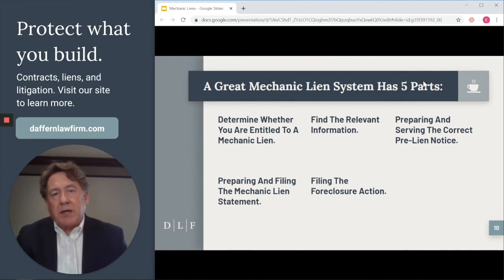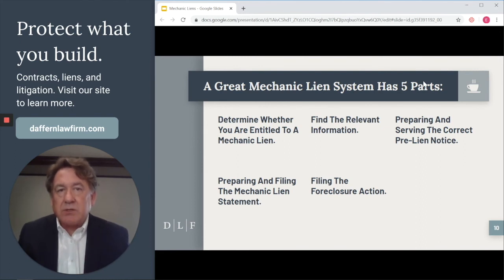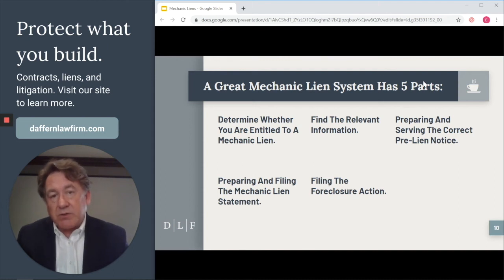So what does a great mechanic lien system look like? Well, the one that we've developed and that we've used successfully for years has 5 parts, very simple parts. The first part is to determine whether you're even entitled to a mechanic lien. Not everybody is entitled to a mechanic lien, so it's important to determine whether your work qualifies. Once you do that, the second part is to find the relevant information.